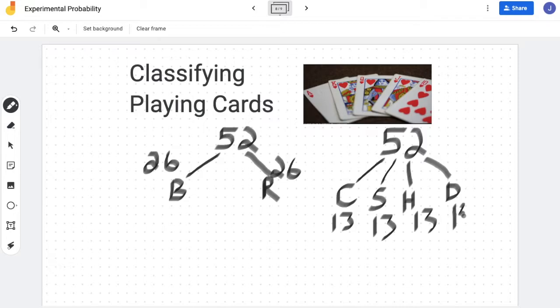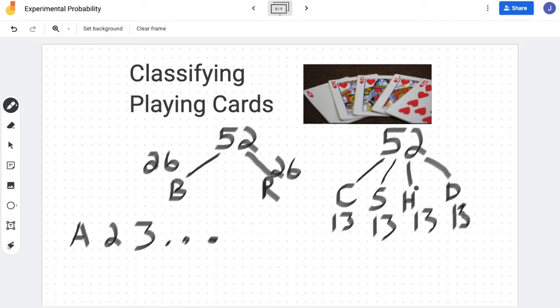Now you're noticing that that's the same number in each category. So out of those 13 of clubs, spades, hearts, and diamonds, I have the rank of cards, which I could talk about as well. So I could classify it by rank: ace, which is 1, then 2, 3, and onwards all the way up to king. So that's another way I can classify playing cards.